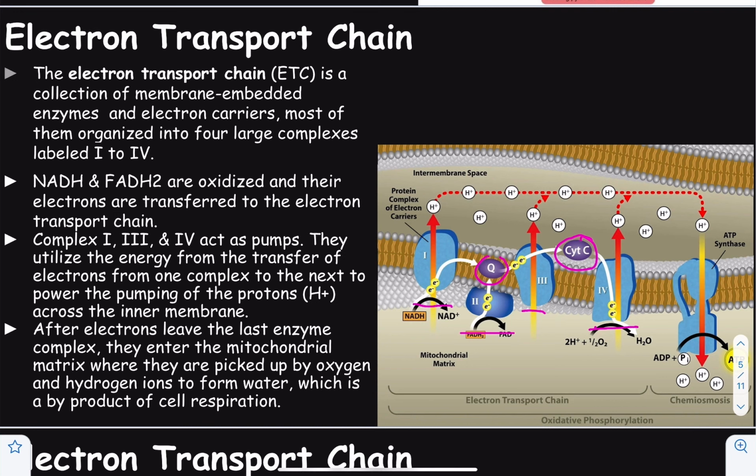Okay, so complexes 1, 3, and 4 are involved in taking the electrons from NADH and passing them through. And also you have complex 2, also called succinate dehydrogenase.